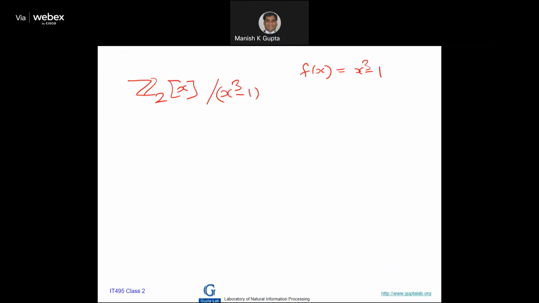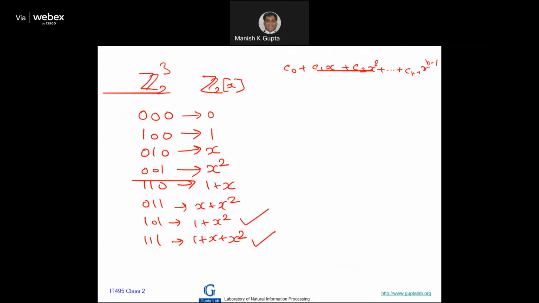Because when we are mapping the whole space into Z2[x], what we want is our cyclic property to be justified, right? So x raised to n should be 1, because then only the term will come toward the first one, right? So that is giving us this condition.